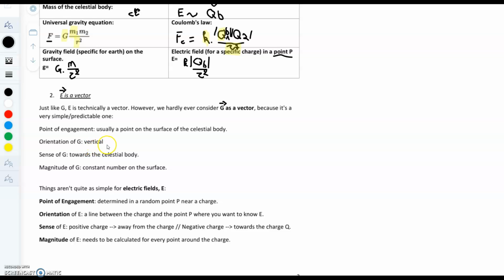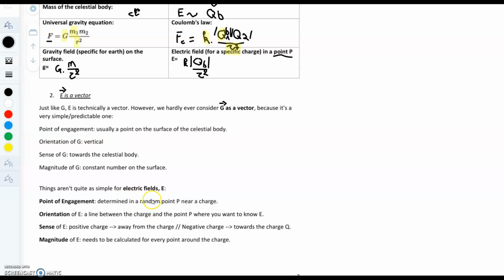The orientation of G is also always very easy. It's always vertical, and because we're always talking about an attraction when it comes to a gravity field, never a repulsion, the sense of vector G is always towards the celestial body, towards the surface of Earth, as you've seen in your third year. And the magnitude of G was pretty much a constant number. Why was this a constant number? When you look at G in its grand total, this is a constant, this is a constant, this is a constant. In other words, that's just a constant as a whole.